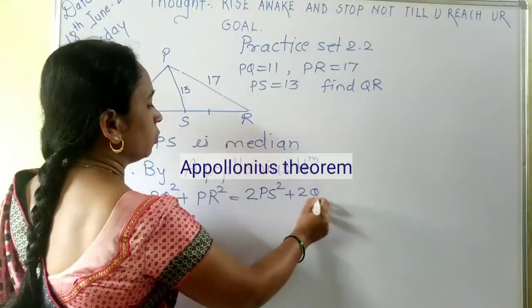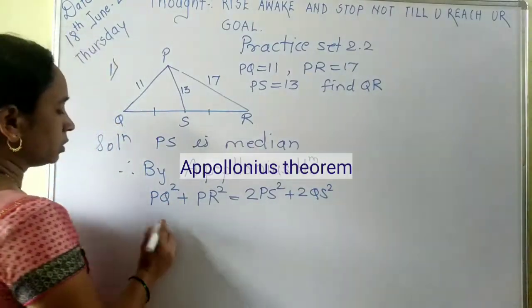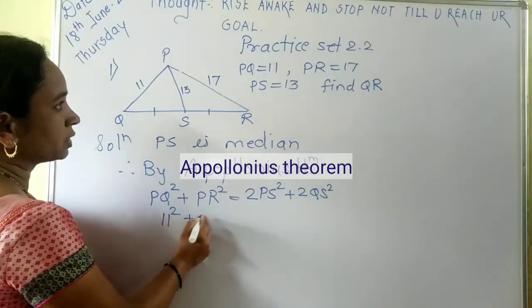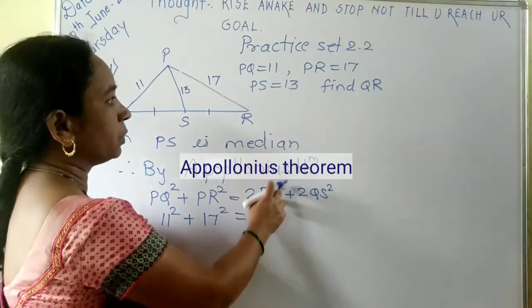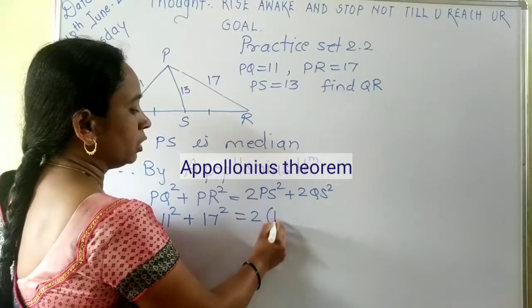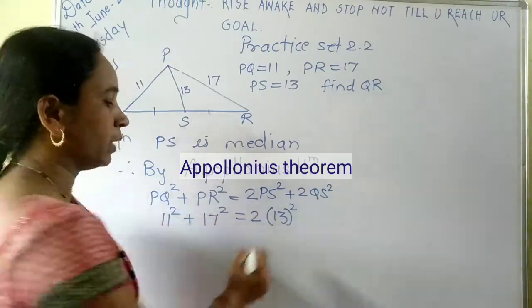So I'll write QS square. Now put the values: 11 square plus 17 square is equal to 2 into 13 square. Here we have to make the square first and then multiply.